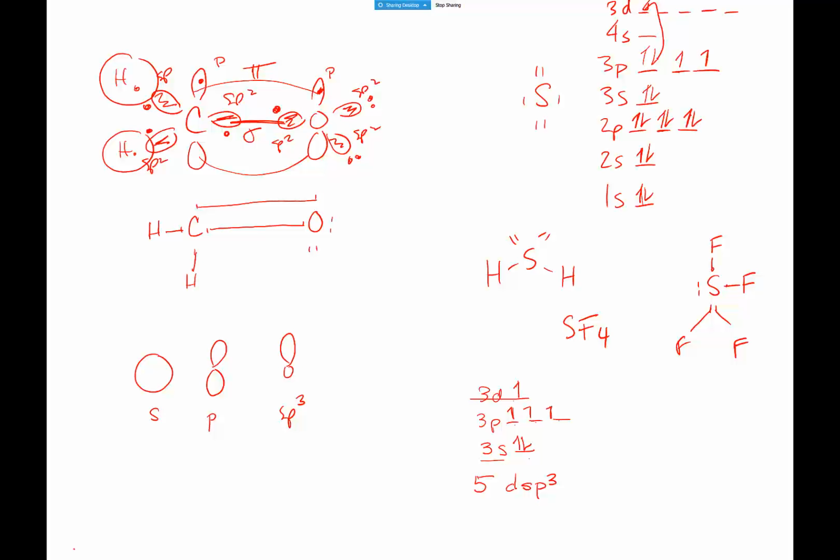So I've got 5 clouds of electron density around that sulfur. And so remember, that's going to be trigonal bipyramidal. All 5 of these orbitals are now going to be hybrid, and they're going to take on the trigonal bipyramidal geometry. So the trigonal bipyramidal is basically a combination of the trigonal planar and the linear.